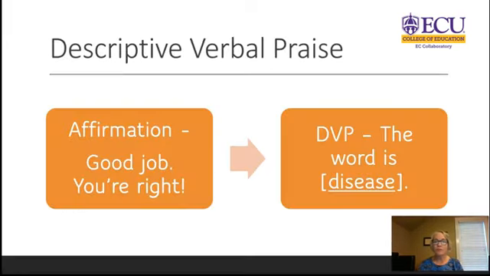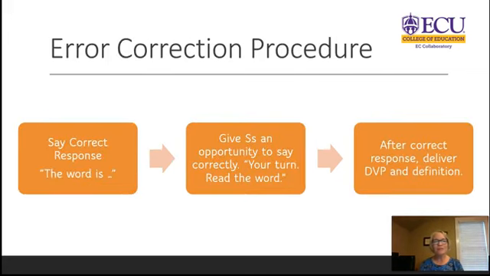Here's another look at descriptive verbal praise. First, you want to give affirmation, "good job, you're right," and then repeat the correct response back to them. "The word is disease." Here's another look at the error correction procedure. You want to say the correct response. "The word is disease." Then give the student an opportunity to say it correctly.